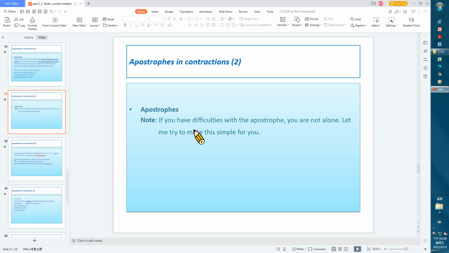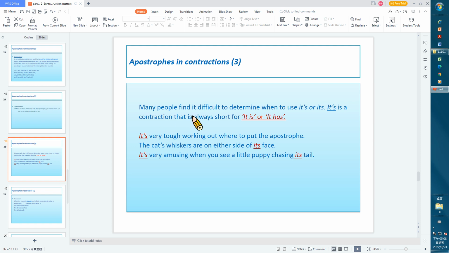Note: if you have difficulties with the apostrophe, you're not alone. Let me try to make this simple for you. Many people find it difficult to determine when to use "it's" or "its".